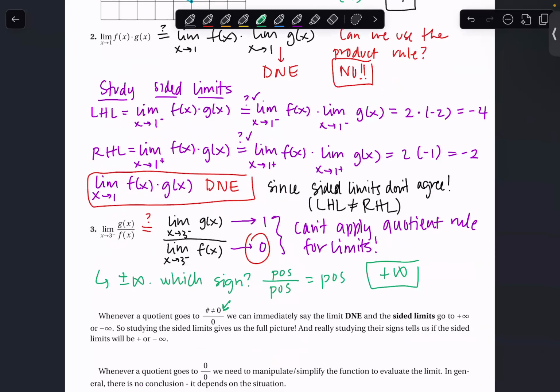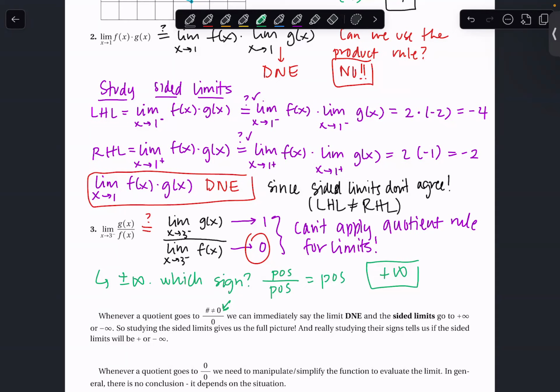Right? If I actually had the graph of f over g, or g over f, I'd see on the left-hand side of 3, it skyrockets to positive infinity there. So anytime you have non-zero over 0, the side limits will be plus or minus infinity. You decide, is it positive or negative? And this will give you information about the overall limit as well. Okay, questions about this back here?